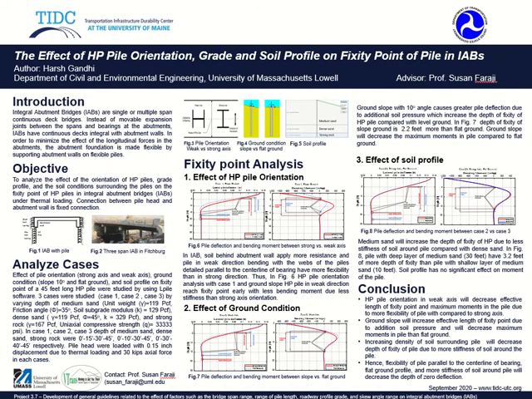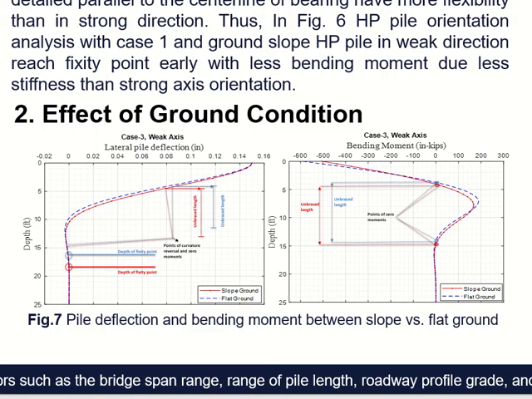Furthermore, for the analysis of fixity point affected by the ground grade condition, according to the hypothesis, a ground slope with a 10-degree angle will apply additional soil pressure compared to flat ground. Hence, it will increase the depth of fixity in a ground slope compared to flat ground. As we can see in figure 7, we compared the slope ground and flat ground of case 3 of weak axis.